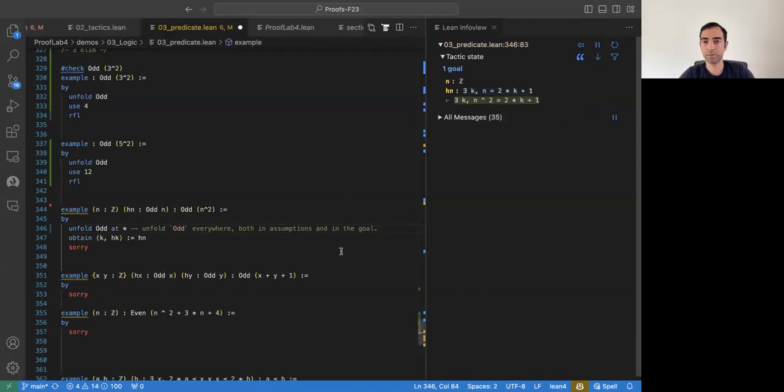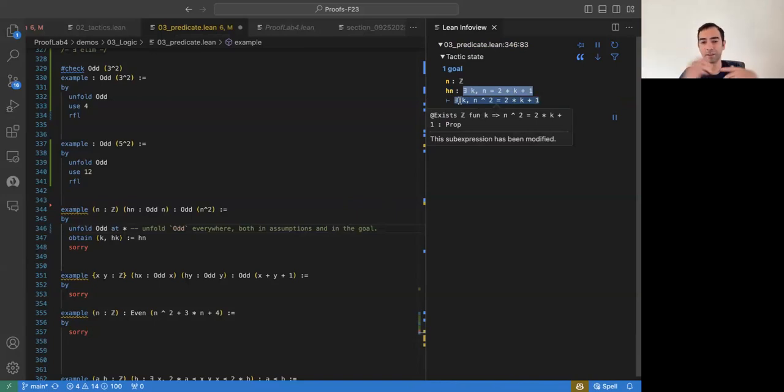Okay, so now we need to provide a k such that n squared is 2k plus 1. Now, we don't know anything about n except this hypothesis, right? So there's no way that I can directly provide such a k. I mean, is it 10? Is it 11? I don't know, right?